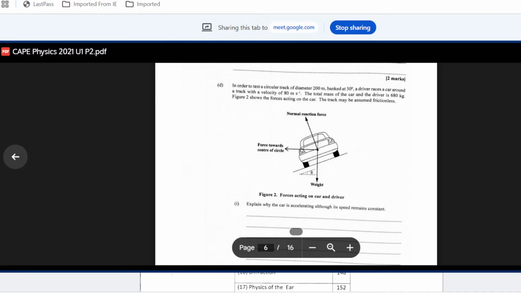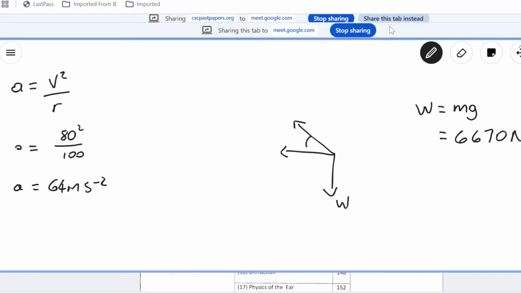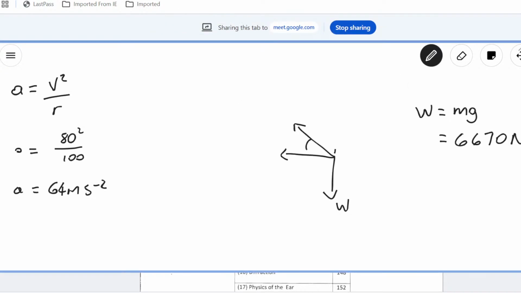If you look at the normal reaction force, you realize that the weight is a component of it. So there's a reaction force going up, which is equal to the weight. Well, the vertical component of the reaction force, which is equal to the weight.